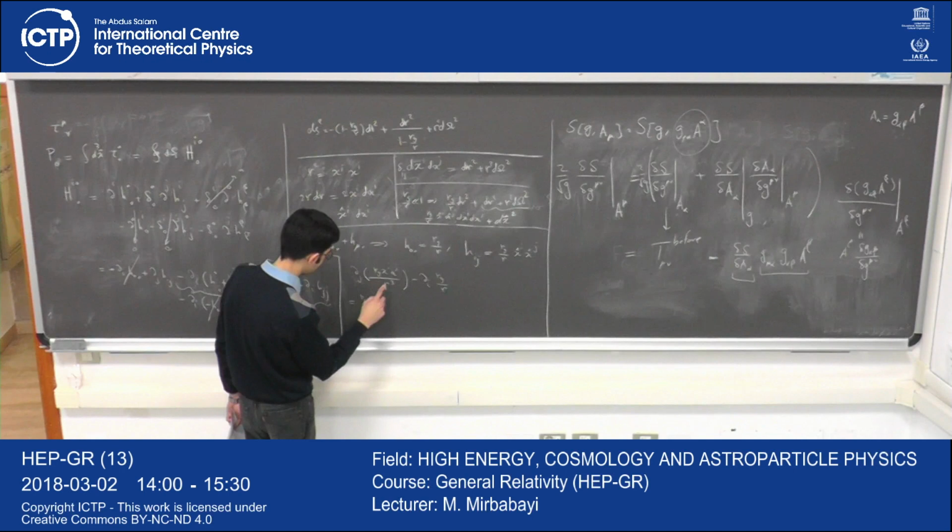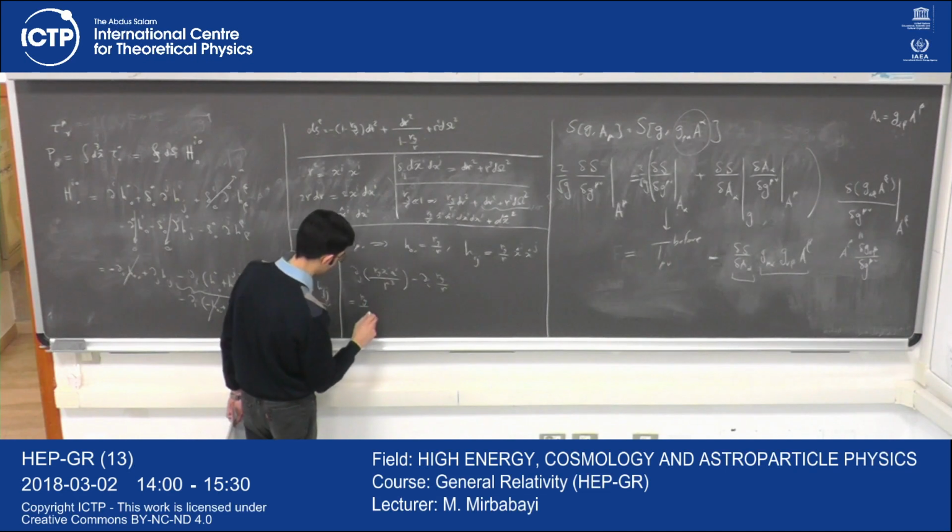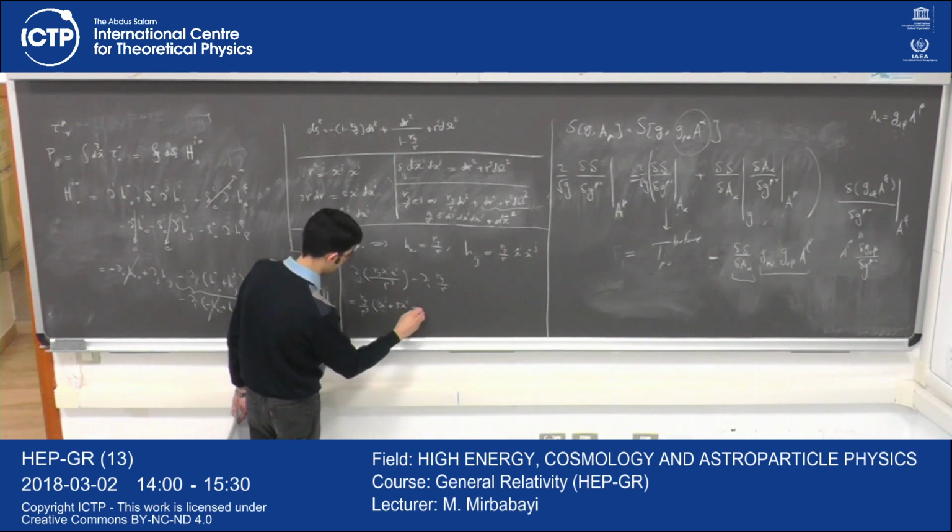There is Rg over R cubed, then there will be delta ij times xj, so xi, plus the derivative acting on that gives 3xi, and the derivative acting on this gives you minus 3.